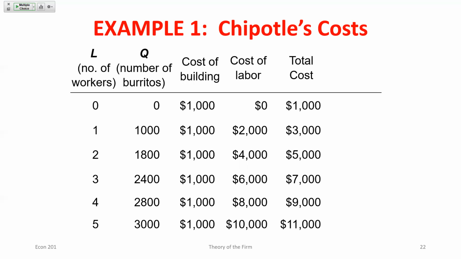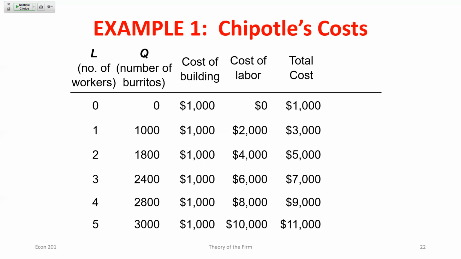Now my change in output was only going from 1,000 to 1,800, an increase of 800. But I had to hire that second worker and pay them that same market wage of $2,000. So my new marginal cost would be 2,000 divided by 800, which is 2.5. So my marginal cost went from 2 for those first 1,000 burritos to 2.5 to get to that next 1,800 level.